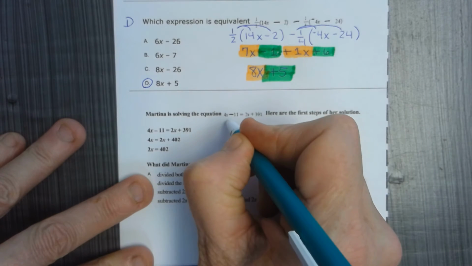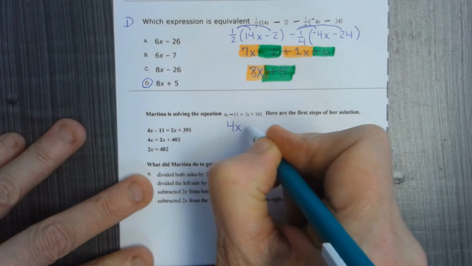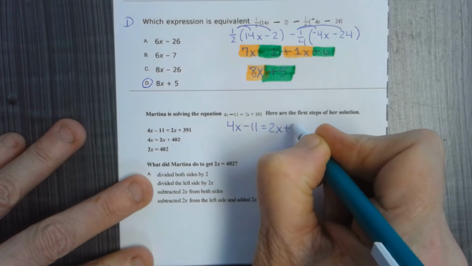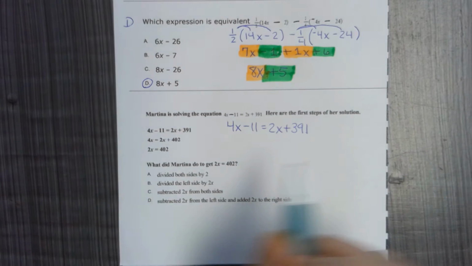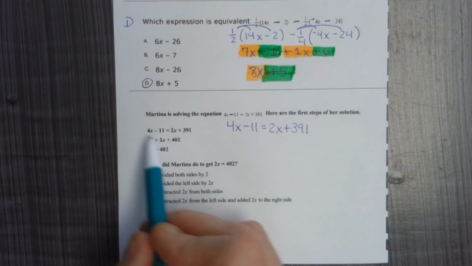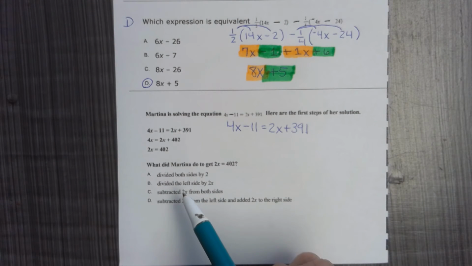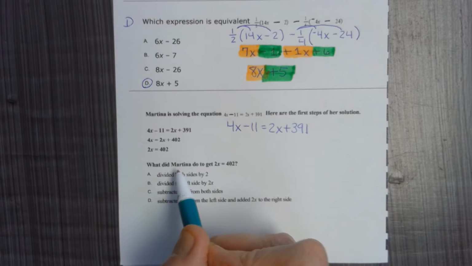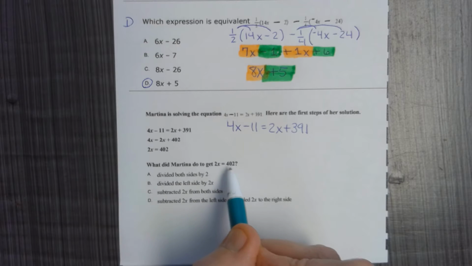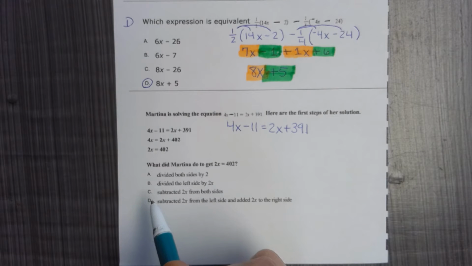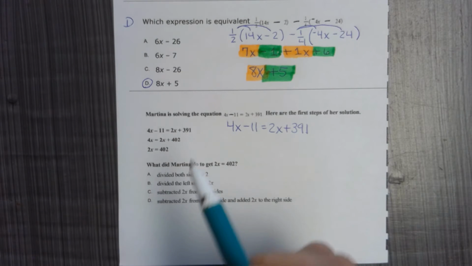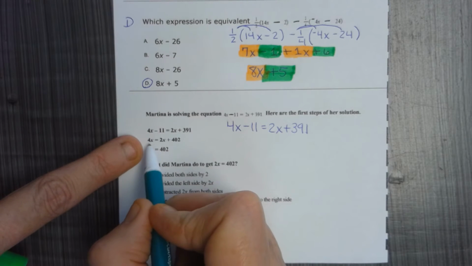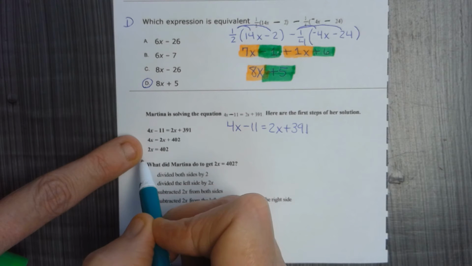We're given the equation 4x minus 11 equals 2x plus 391. And we're given a scenario where Martina is going through the steps of solving this. It says, what did Martina do to get 2x equals 402? Let's see what her steps were. To get from here to here, it appears the negative 11 has disappeared from the left side.